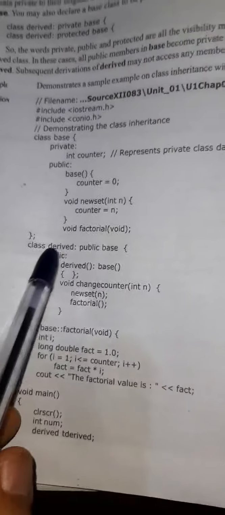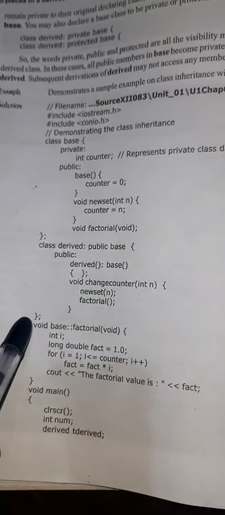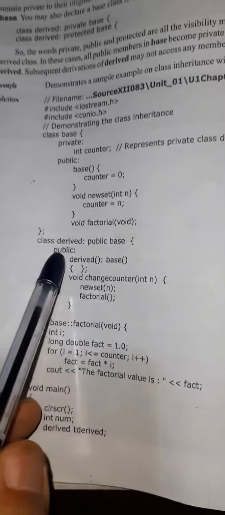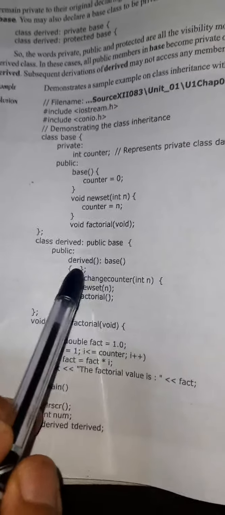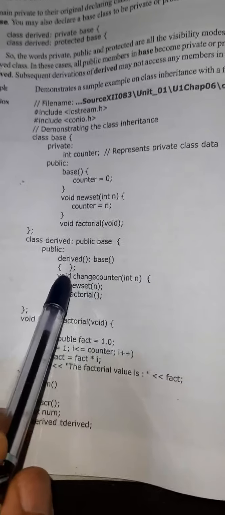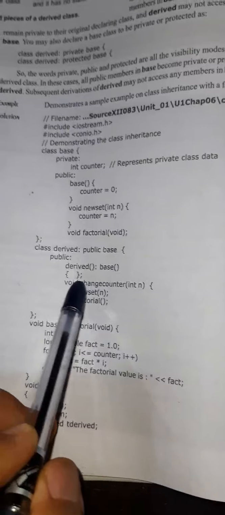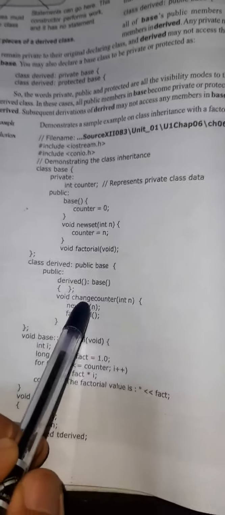So here if you see in the derived class definition, after the constructor gets invoked, this is its member function, this class member function.